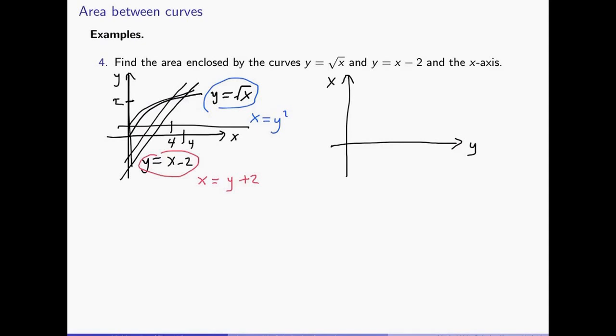So let's draw these. X equals y squared looks like that, and x equals y plus 2 looks like that. Now this intersection is at 2, and this intersection is at 4. And again, this is x equals y plus 2, and this is x equals y squared.